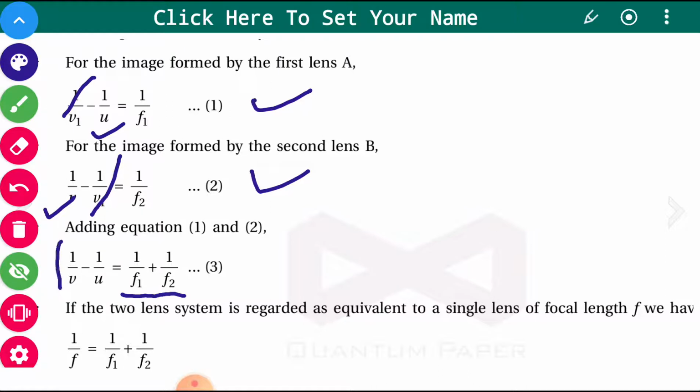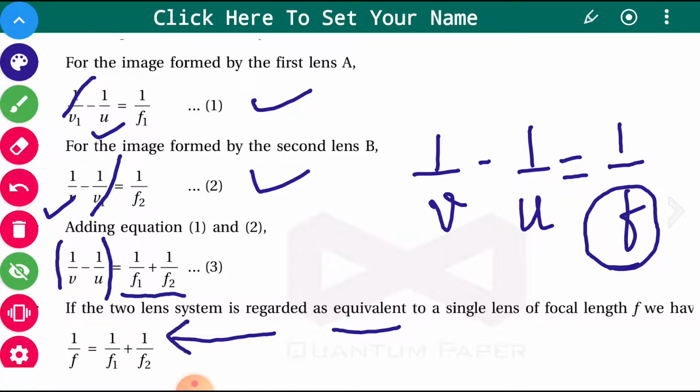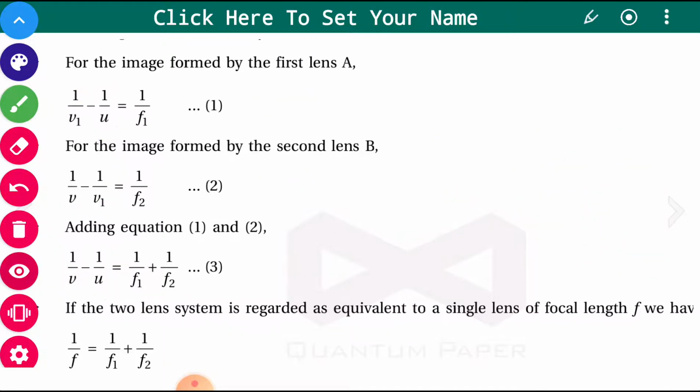As you know, 1/v minus 1/u is the focal length of the combination, the equivalent focal length of the combination of two lenses. We take 1/v minus 1/u as 1/f, where f is the equivalent focal length. So the equation is 1/f equals 1/f1 plus 1/f2.